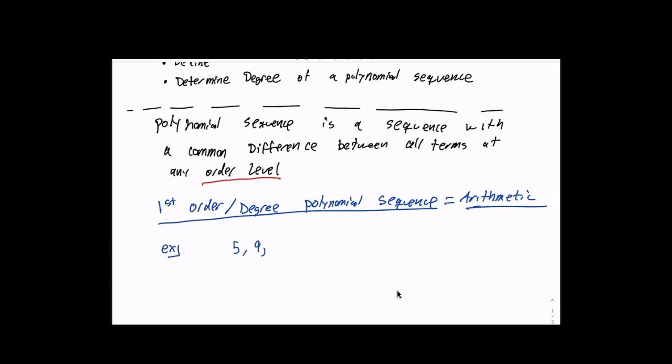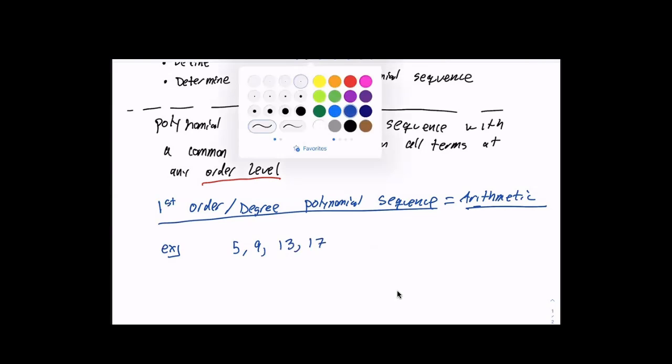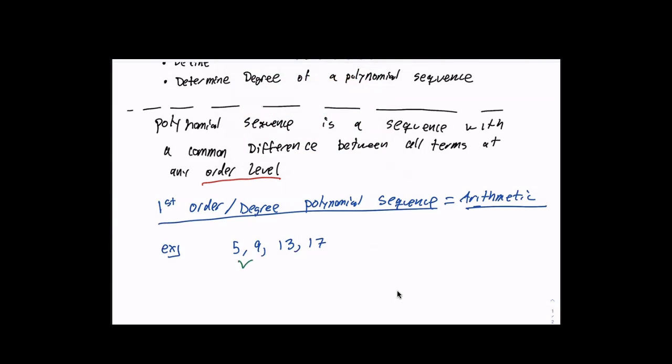5, 9, 13, 17. Okay, so this is a sequence we've seen in the past. This is plus 4, plus 4, plus 4. So we define this as having a first order level common difference.